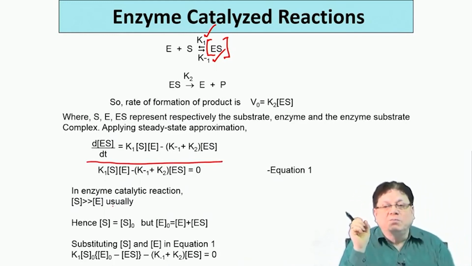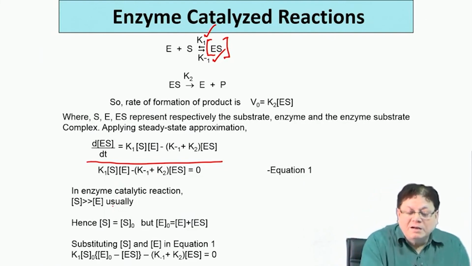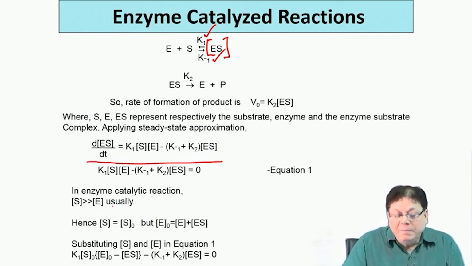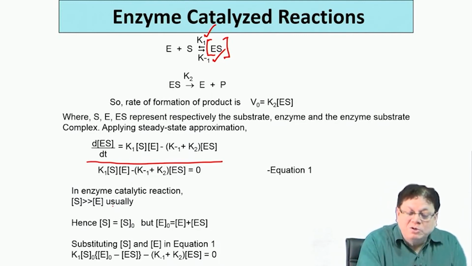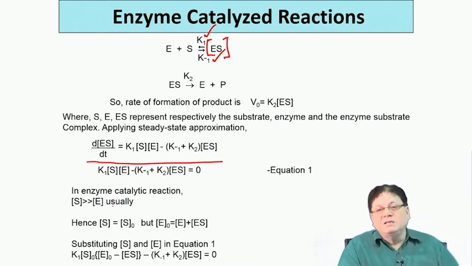So, you solve this equation by assuming the steady state complex. What is the steady state complex? Initially the substrate will go and bind to the enzyme, and then it will also dissociate. This is an equilibrium process, a reversible process, and after some time a state is reached where the rate of dissociation of ES into E plus S and the rate of association of E and S to form the ES will be the same.